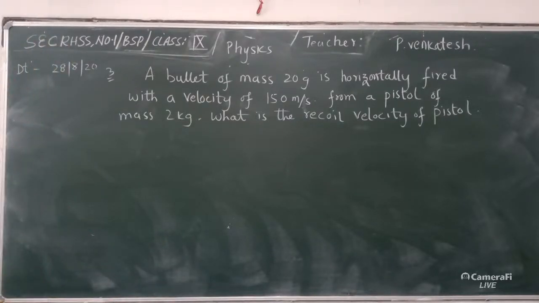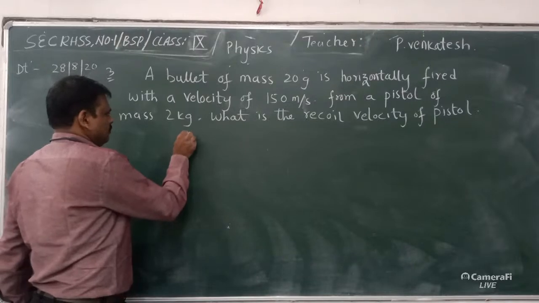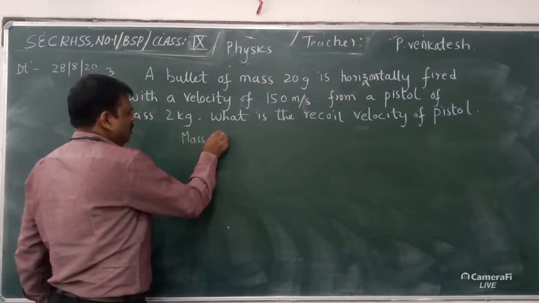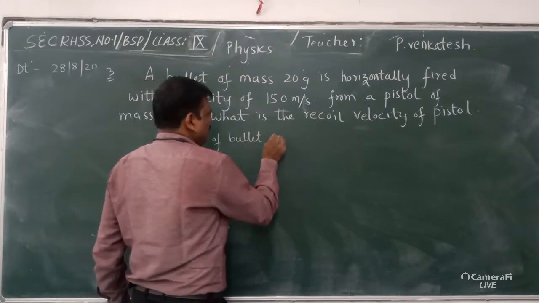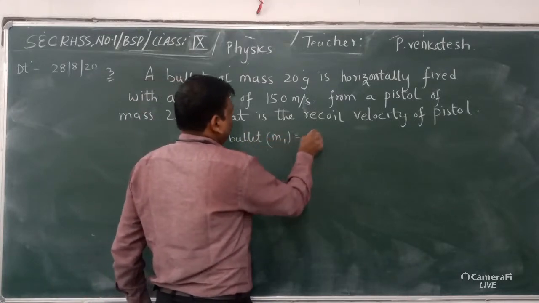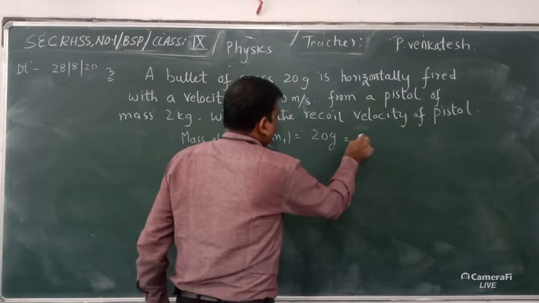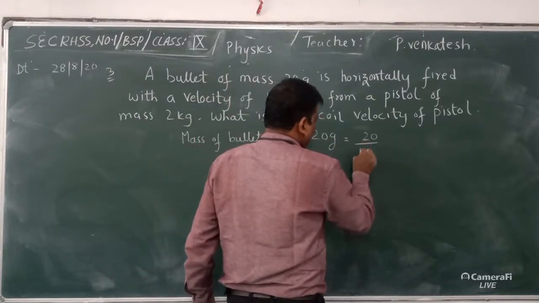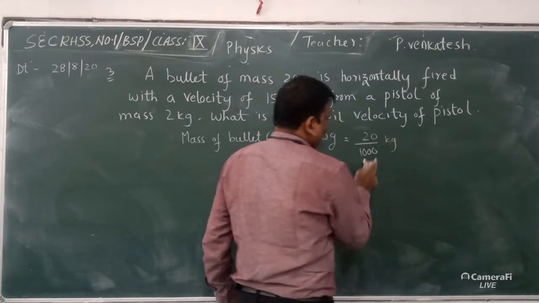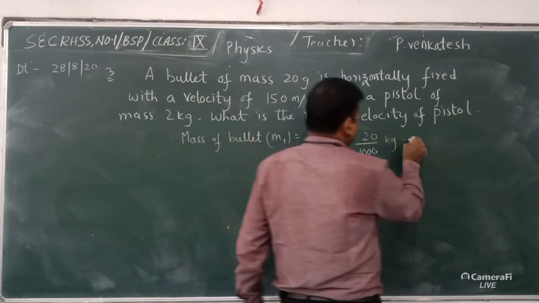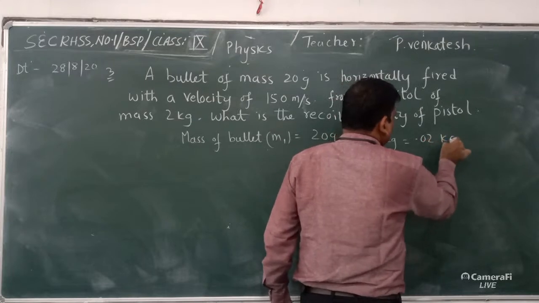Now, here the mass of the bullet, M1, you will write: mass of bullet equals 20 grams, convert 20 by 1000. Always the units should be in kg. That is equal to 0.02 kg.